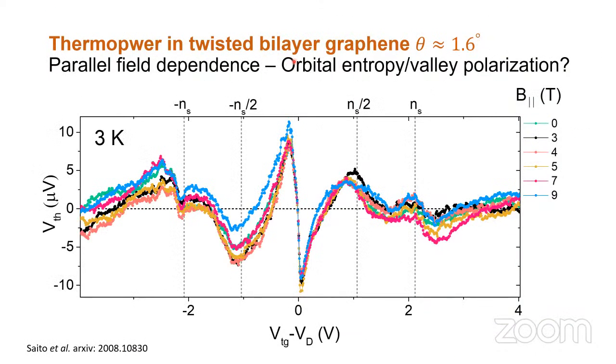In this particular data, the magnetic field was applied in parallel, and you can see the excess entropy part, this part and this part, is not affected by magnetic fields up to 9 Tesla. As a result, we are skeptical whether real spin can have an effect. However, if you think about the valley isospin and start thinking from an orbital point of view, there might be some interesting questions there.